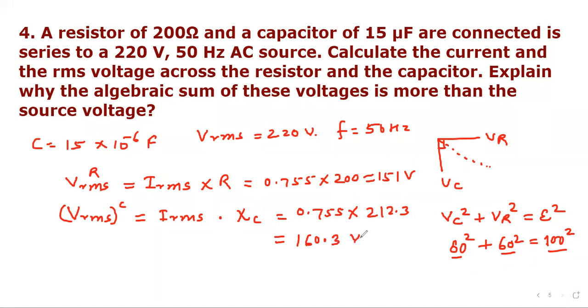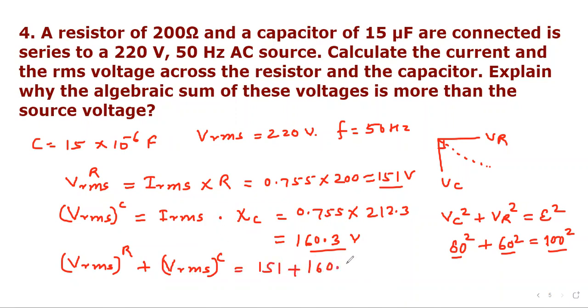Multiply, we will get 160.3 volt. Clearly, the sum of these two voltages, like if you find VRMS across R plus VRMS across C, it will be more than 220 volt. It will be 151 plus 160.3.